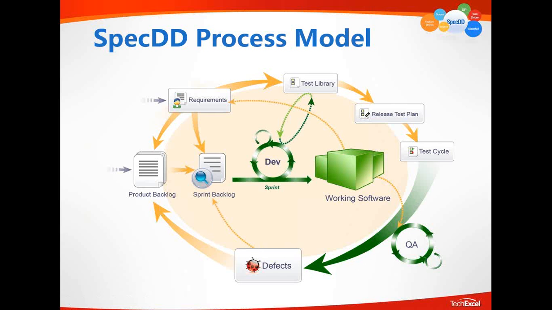Okay, so the SpecDD process recognizes that a development process is about committing a set of sprint backlog items from the product backlog or from the requirement directly, and making them committed to create the working software. During the creation of the working software, the Agile team is a fully capable team, like the Scrum process.